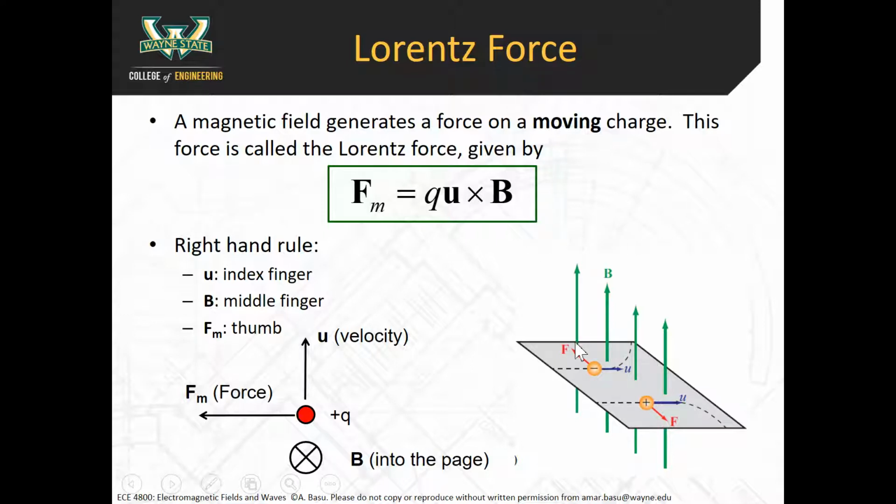Okay, and remember the cross product. So let's just put an equation here. F equals Q times U cross B. And the cross product U cross B is equal to the magnitude of U, the magnitude of B, times, does anyone remember what that last term is?